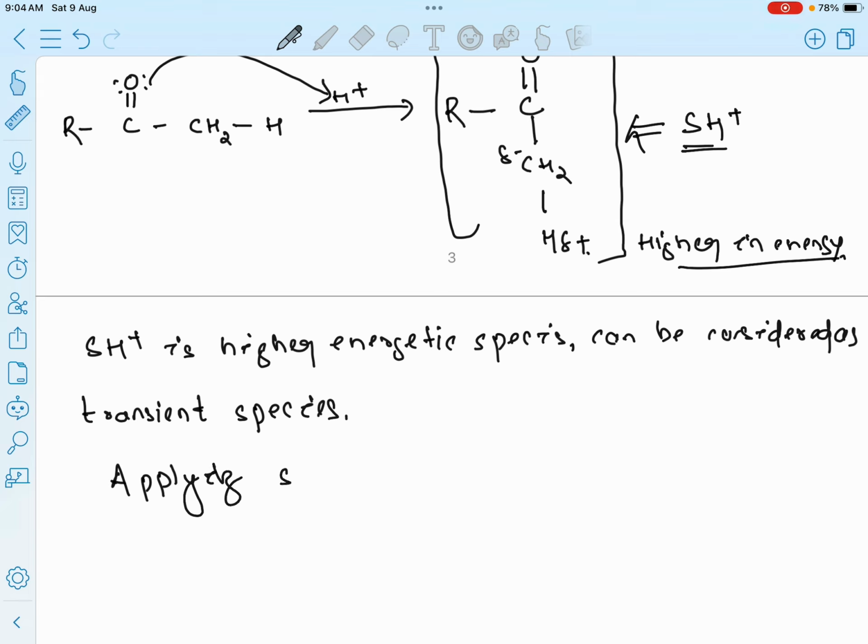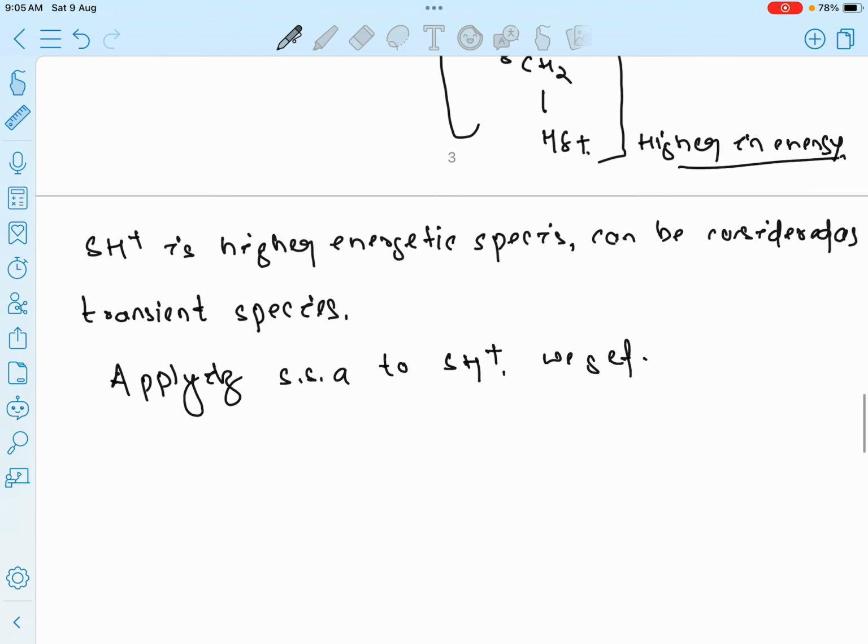Applying SSA to SH plus, we get. So what is SSA? According to SSA, if any transient species is formed, the concentration of that transient species remains constant for a particular period of time during the course of a reaction. That means the change in concentration of the transient species with respect to time will be zero for an appreciable period of time.